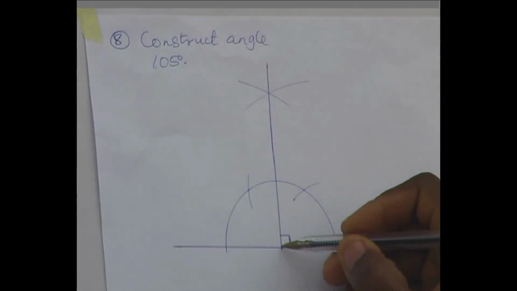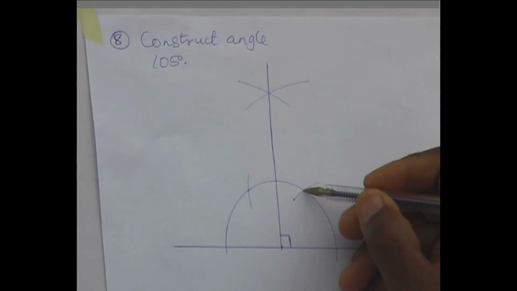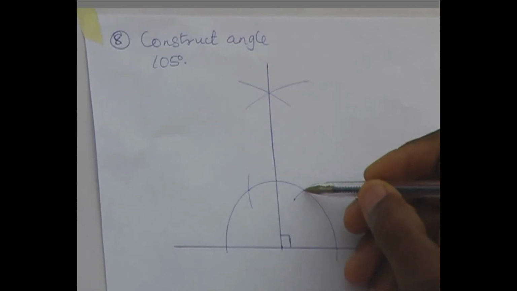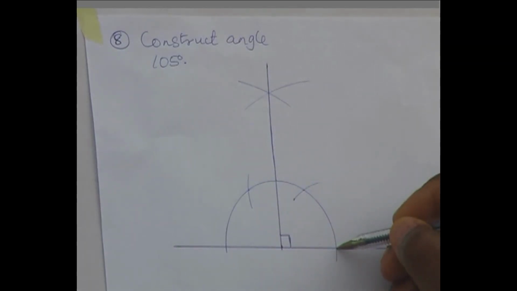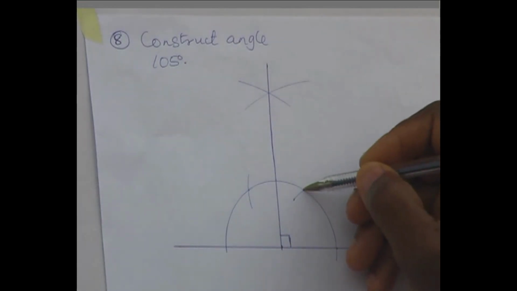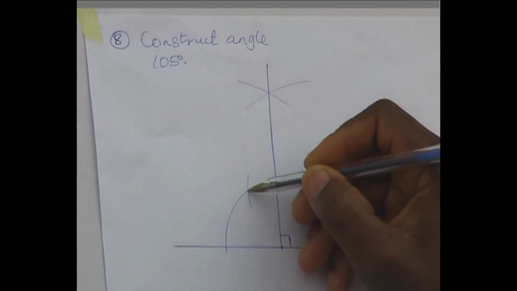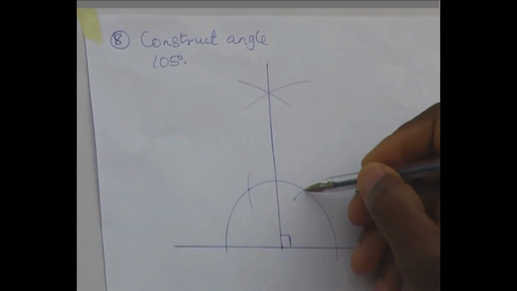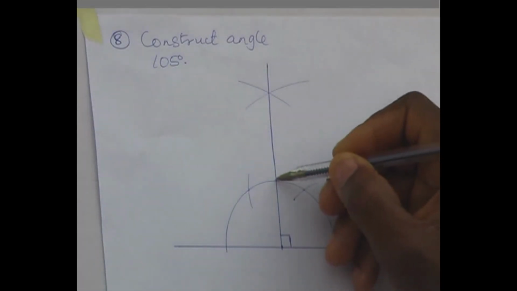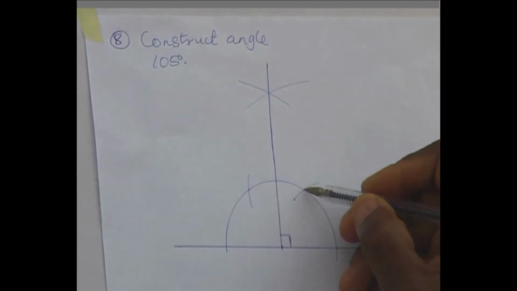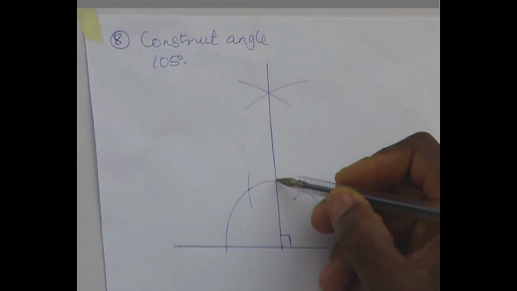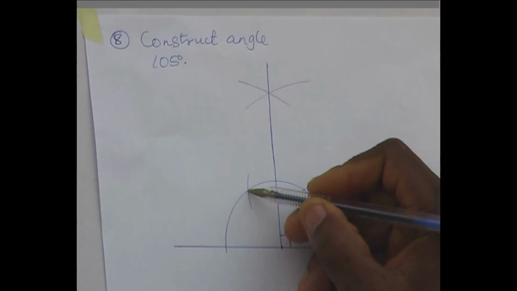If you join this point and this point of intersection, you discover that from here to here is 60 degrees, and from here to here is another 60 degrees. But since here to here is 90, that means from here to here is 30, and from here to here is another 30.